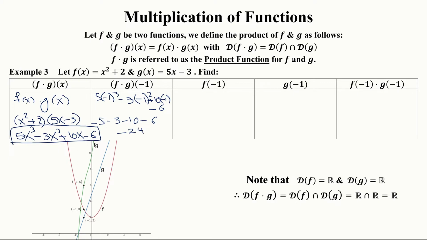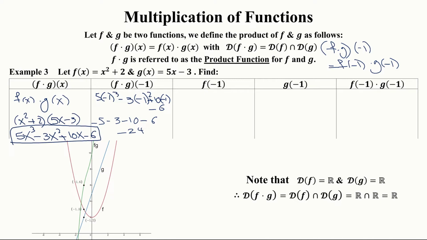All right, now we'll see if we can find that -24 without using the expression we found for f times g of x. So we're just going to say that f times g of -1 equals f of -1 times g of -1. Just go directly to the calculation of that particular functional value.